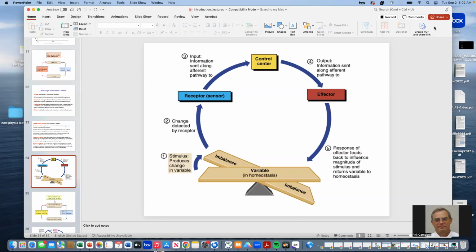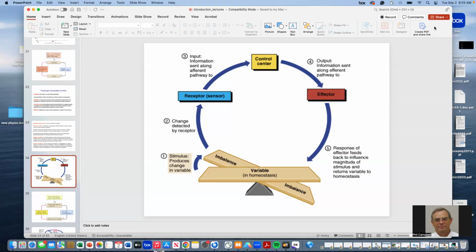Now, what happens is, to maintain homeostasis, you have to have some mechanism whereby you measure that variable, right? So that's your receptor in the context of physiological control systems. That's measuring the variable. This is processed in a control center.